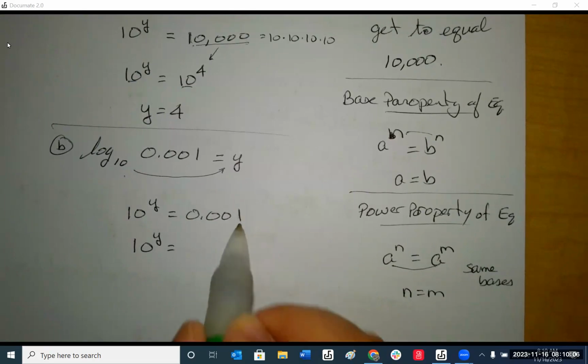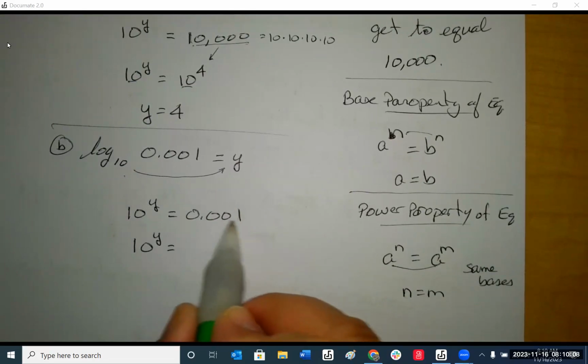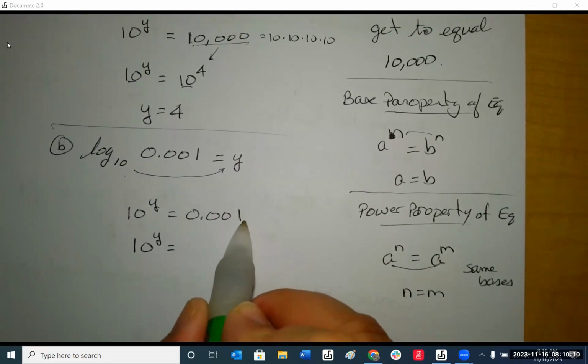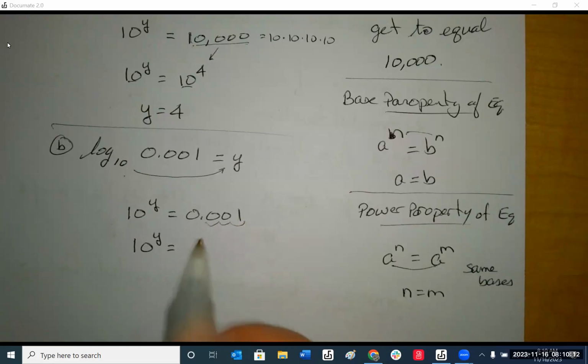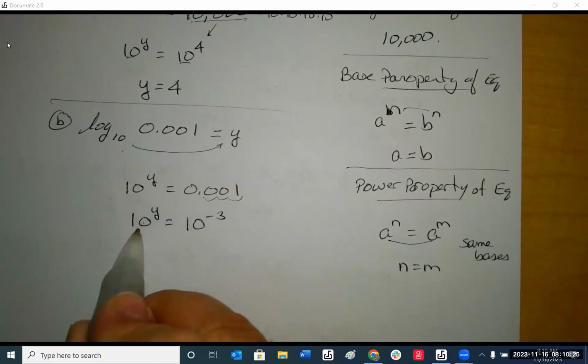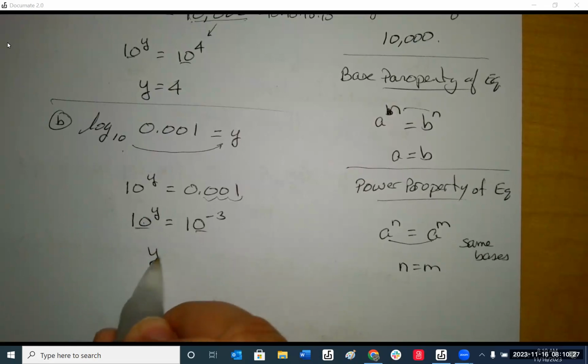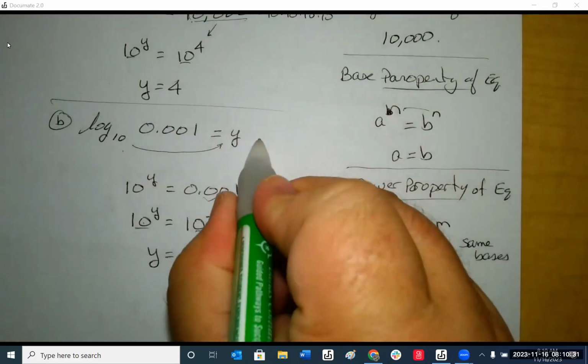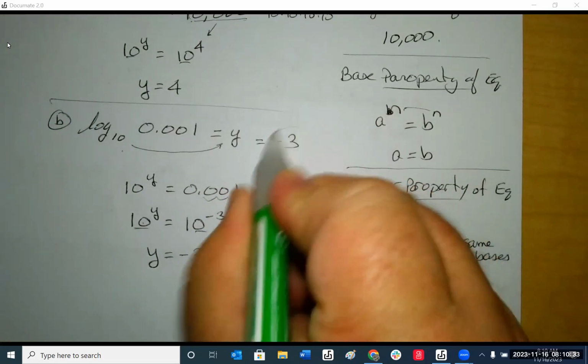Since there's a 1 here, that means it's a base 10. It just moves 1, 2, 3. So 10 to the power -3. Since we have the same bases, that means y is equal to -3. This answer is -3.